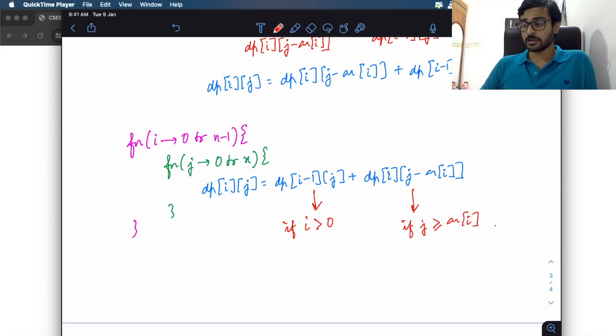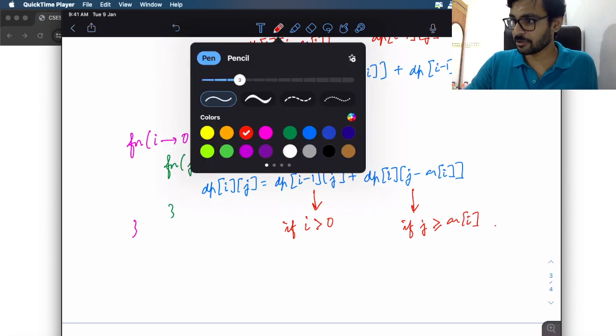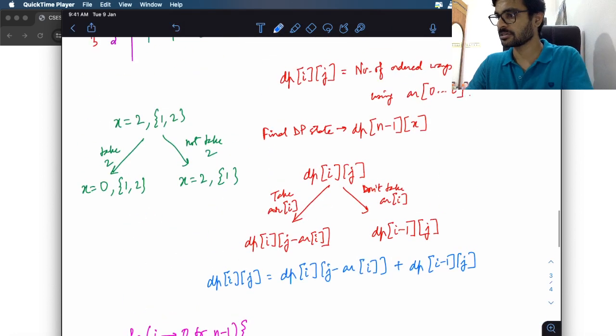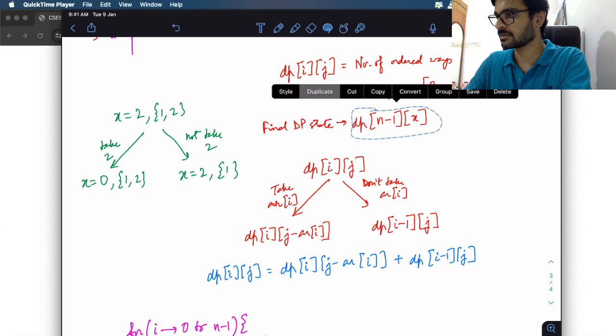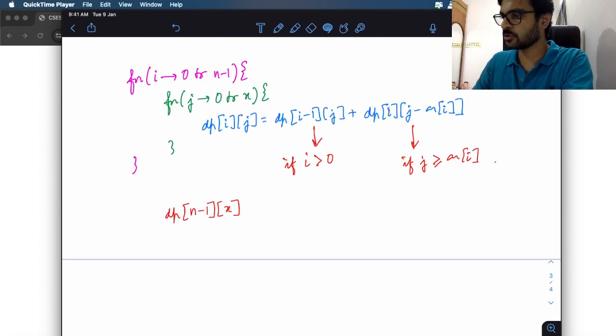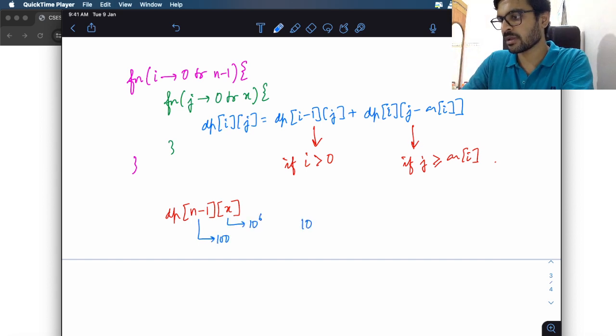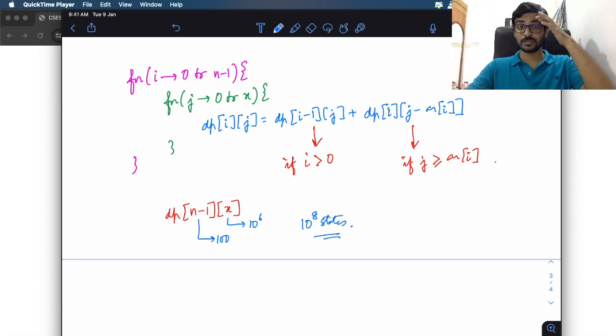But first of all, how much space is this taking? This is taking a lot of space: 10 to the power 6 into 10 to the power 2. These values can grow very large. This can go up to 100. This can go up to 10 to the power 6. So in total there are 10 to the power 8 states, which is very large.